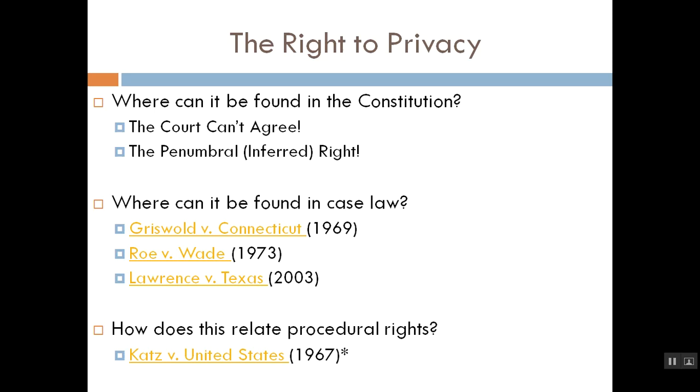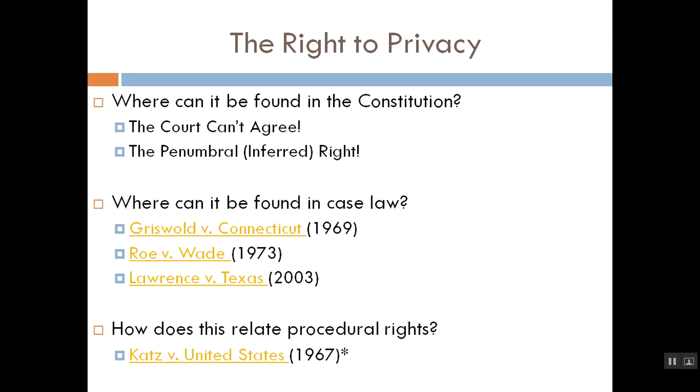But the court says, look, if we have this provision telling us that the government cannot search our private effects, that implies a right to privacy. Because if there isn't a right to privacy, why shouldn't they be allowed to search our personal effects? So that's, again, kind of the logic that they're using in this case to create a previously unheard of right to privacy. There's essentially no mention of privacy in any Supreme Court case prior to 1969.